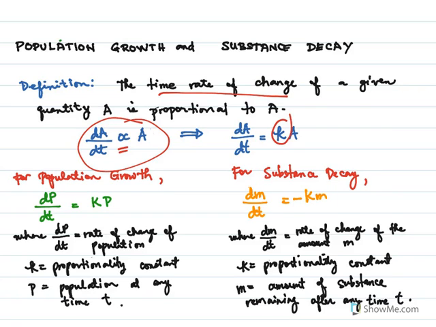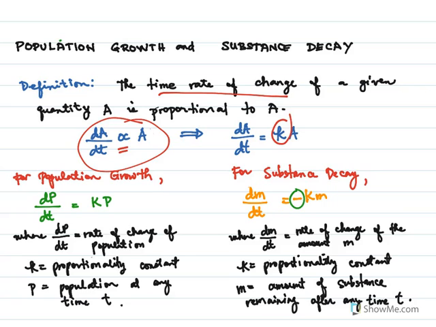It's not the amount that is present. That's very crucial in solving problems regarding substance decay. So again, m is the amount of substance remaining after any time t. And then the negative in the formula just denotes that your problem involves decay, or something that is decreasing in general.